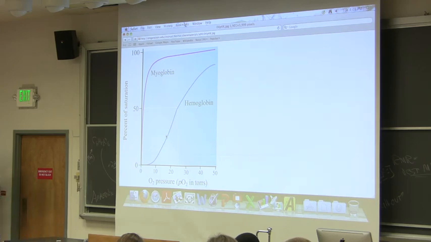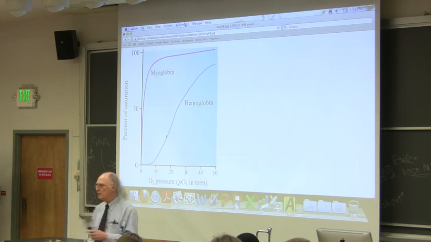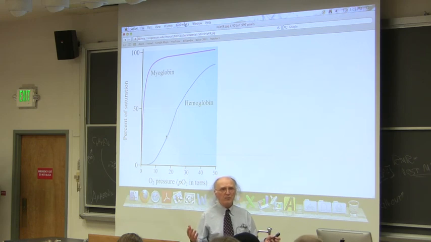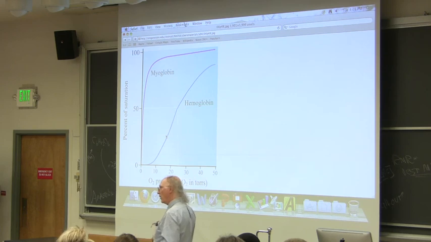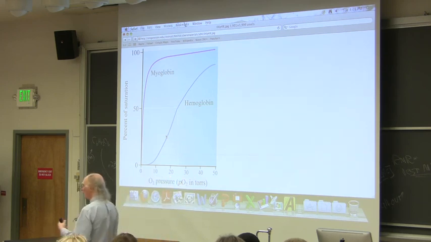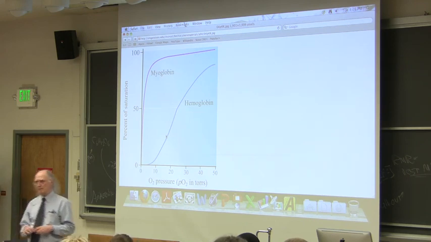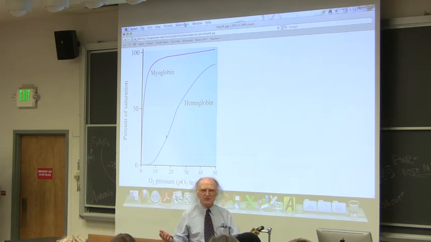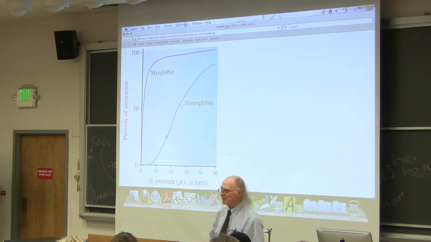By the way, if I ask you to draw a graph on the exam, your answer will automatically be counted wrong if you don't label your axes properly, because without proper labeling of axes, a graph has no meaning. So it's important that you label axes properly when you're drawing a graph. Otherwise, the graph is just a squiggle, and squiggles don't tell us anything. I say that because students tend to remember squiggles much better than they remember labels on graphs. Squiggles don't mean anything unless the graph is labeled.